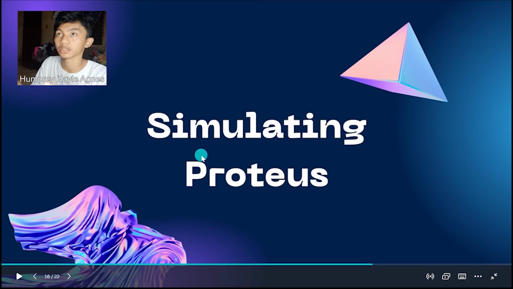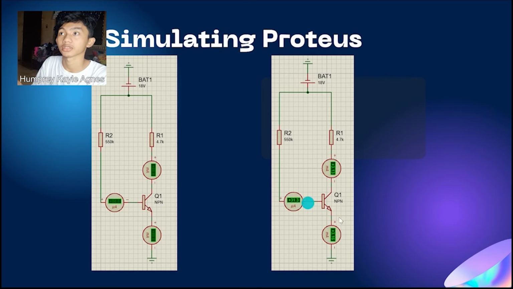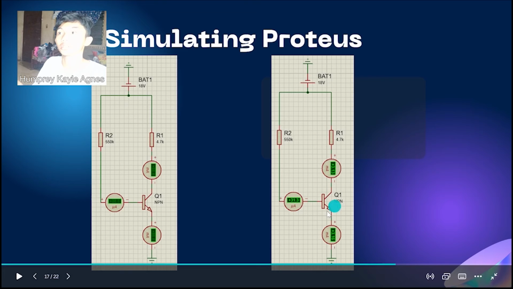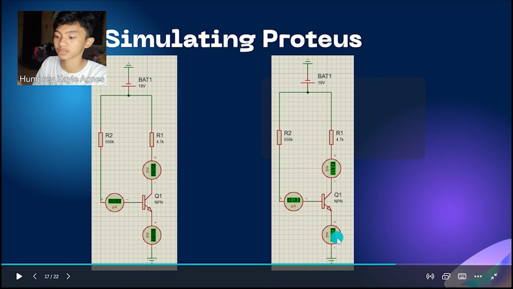So simulating the circuit in Proteus. So this is the circuit for finding the IB and IE. IB is supposedly 31.45 microamps, and IE being 3.177 milliamps.